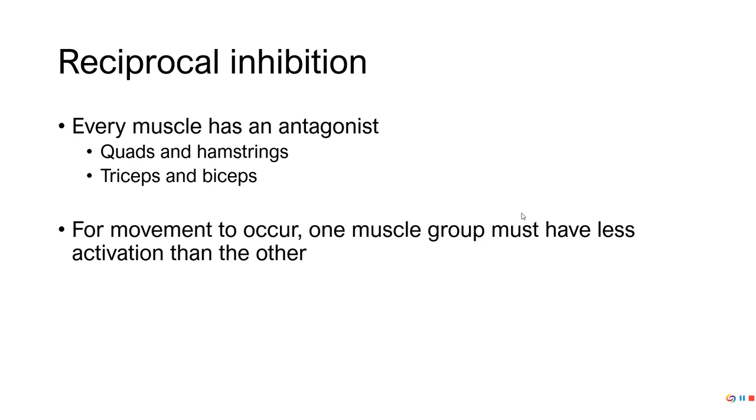If your quads and your hamstrings are producing the same amount of force, there's no movement, and then you have an isometric contraction. When we're doing a bicep curl, we're contracting our biceps, and we need our triceps to relax and to not generate as much force. That's constantly going on whenever you've got movement.